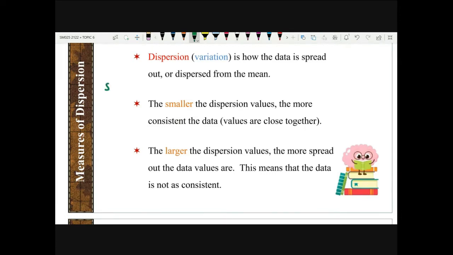Standard deviation, or notation S, tadi dia guna bahasa dispersion kan. Sebenarnya, it's distance, jarak between data and mean.